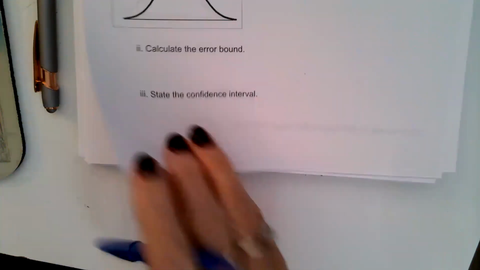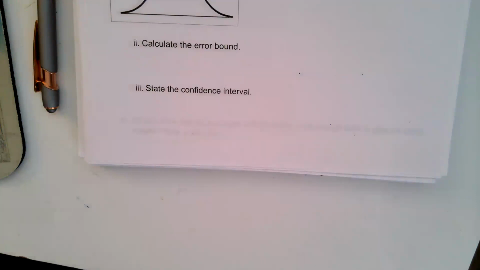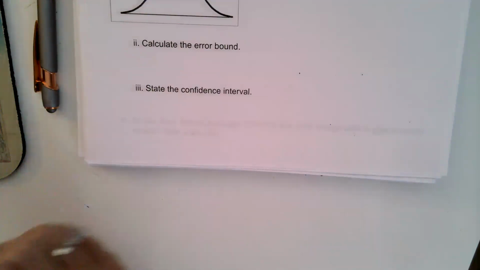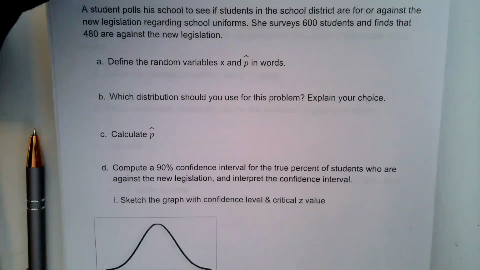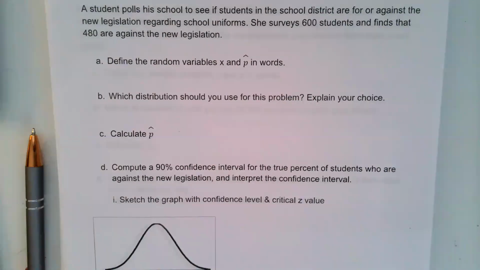Let's look at example 4. So example 4 says a student polls his school to see if students in the school district are for or against the new legislation regarding school uniforms. She surveys 600 students and finds that 480 are against the new legislation.